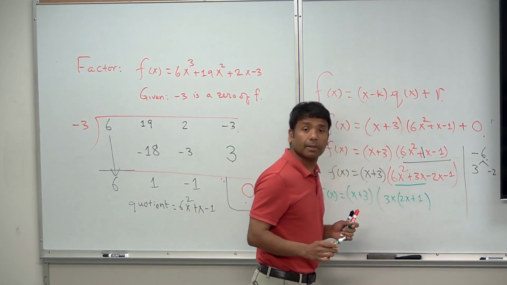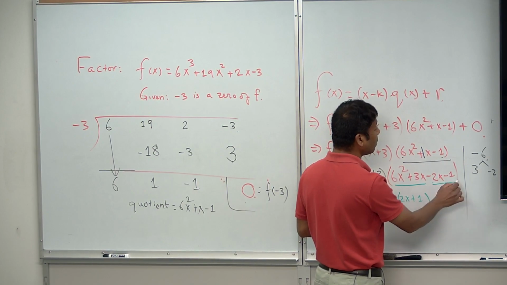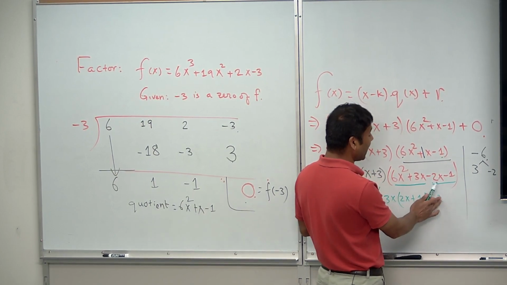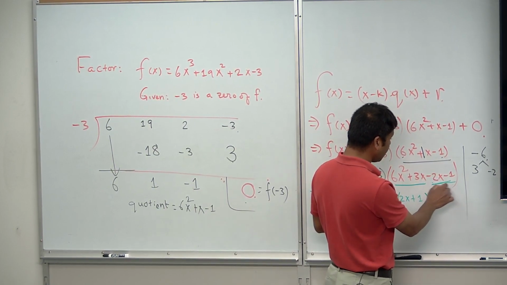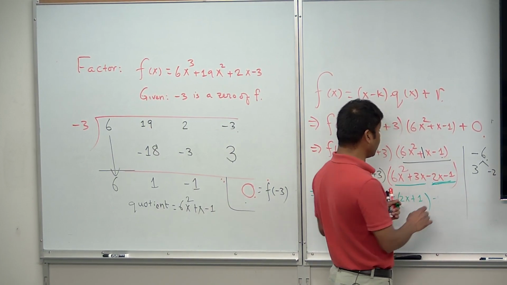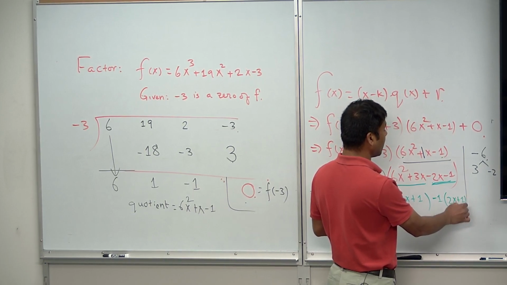From the last two terms, what can you factor out? Negative 1. And inside the parentheses will be 2x plus 1.